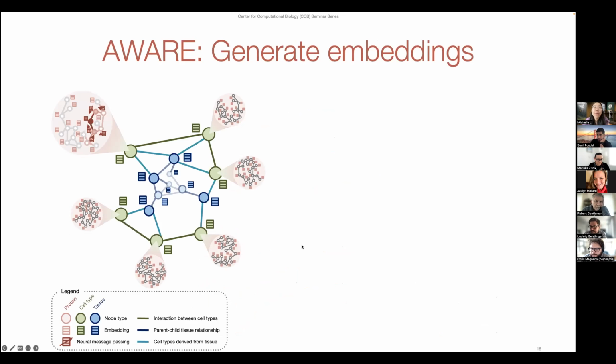So going a little bit more in depth, how do we learn embeddings for each node? There are different levels of learning. We have learning at the protein level, at the cell type level, and at the tissue level. And we use something called an attention mechanism to do this. For those of you who may need a refresher, think of an attention mechanism as what you would pay attention to the most to achieve your goal.